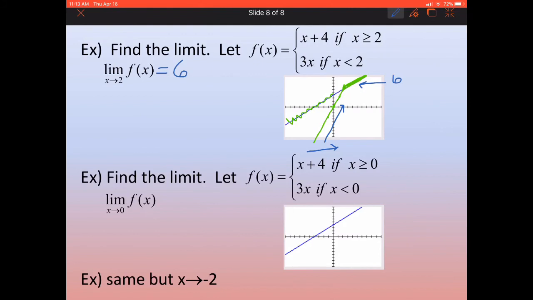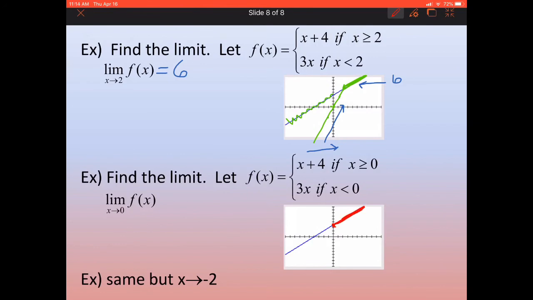All right, I'll use red this time. I have the same function except I have x plus 4 if x is greater than or equal to 0. So where's 0 on this function? Here, closed circle, and greater than 0 is to the right.